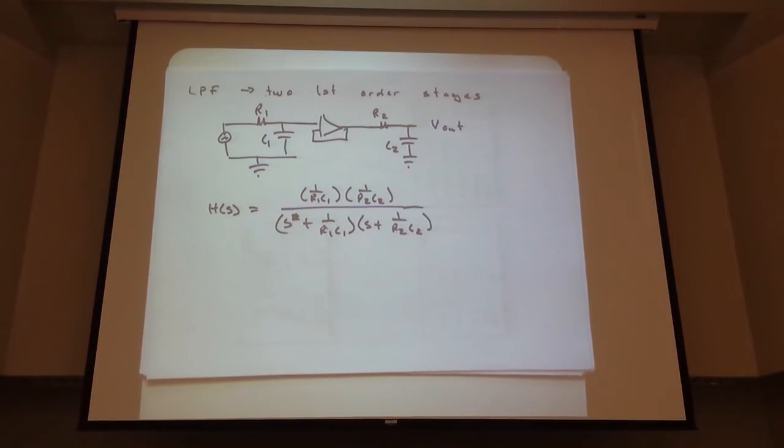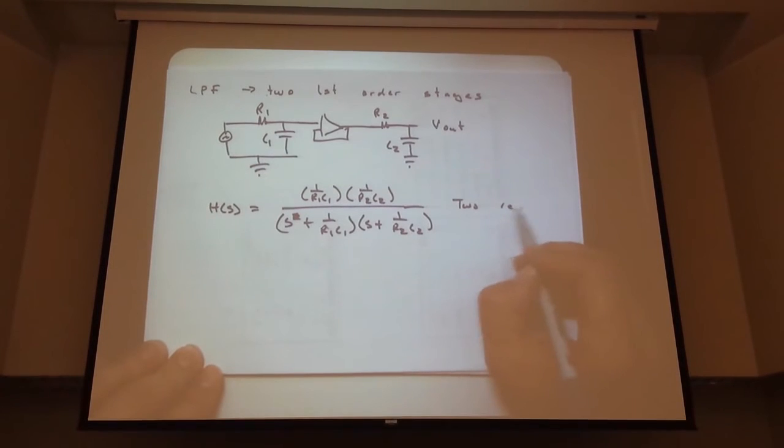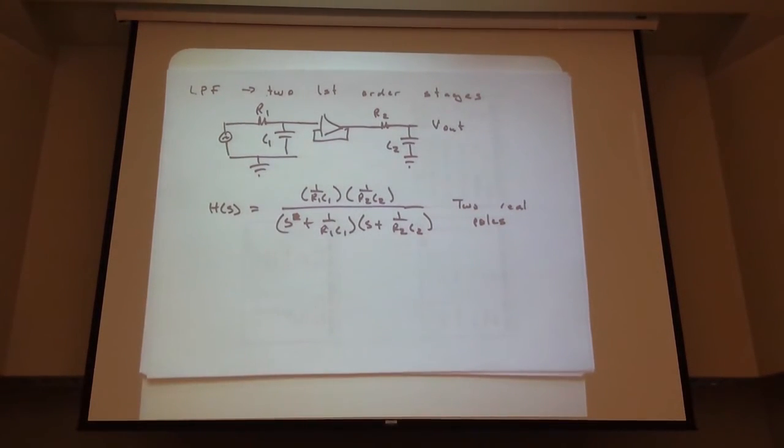And it should be clear that these are both first order low pass filters. 2 real poles. Effectively, it's going to be overdamped or critically damped, depending on what those poles are, if we use second order concepts.